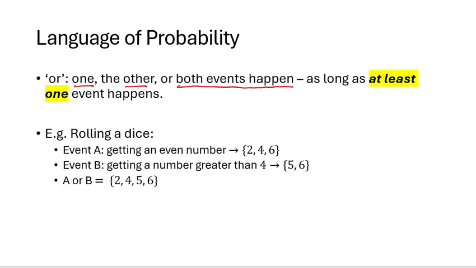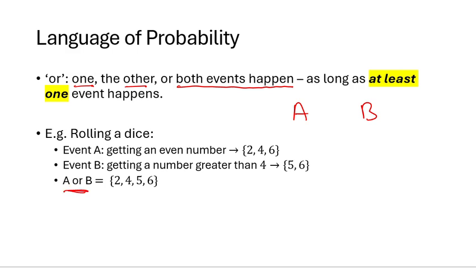You don't know. So if A in this case is getting an even number when I roll a die, I have 2, 4, and 6. And then B is saying, I want any number that's greater than 4. So that's 5 and 6.